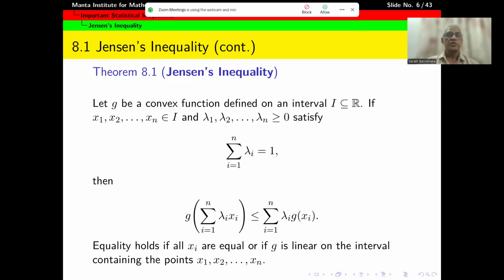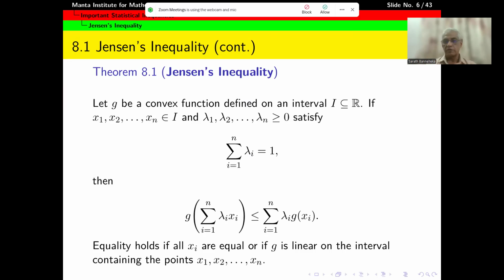Let G be a convex function defined on some real interval I. And suppose you are considering x1 up to xn values in that interval I. And suppose lambda 1 up to lambda n are non-negative constants, greater than or equal to 0, satisfying the condition that the sum of those lambdas should be equal to 1.